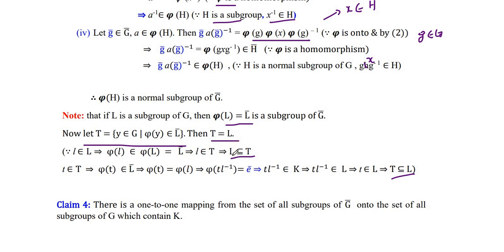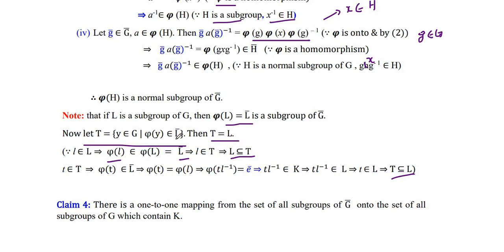So you consider an element small l in capital L, which means phi of l will belong to phi of L, and that's taken as L bar. So whenever phi of l is in L bar, we have to have this in T, because T is described in this way.